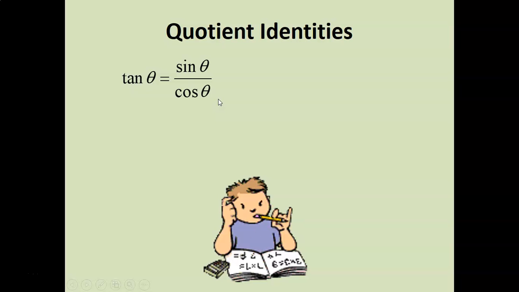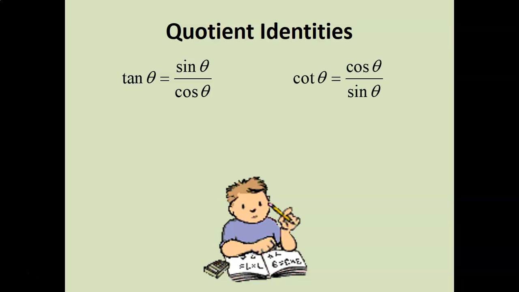So it just flows that if tangent is equal to y over x, and y is sine and x is cosine, then tangent must be equal to the sine of theta divided by the cosine of theta. We can do the same thing with cotangent, because cotangent is just tangent inverted, flipped over. So cotangent is equal to cosine over sine.